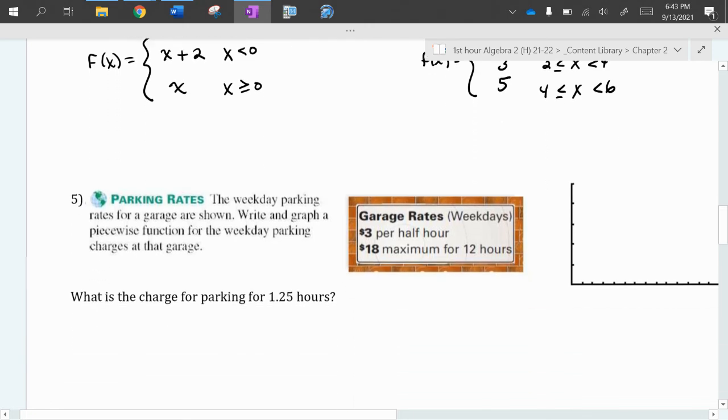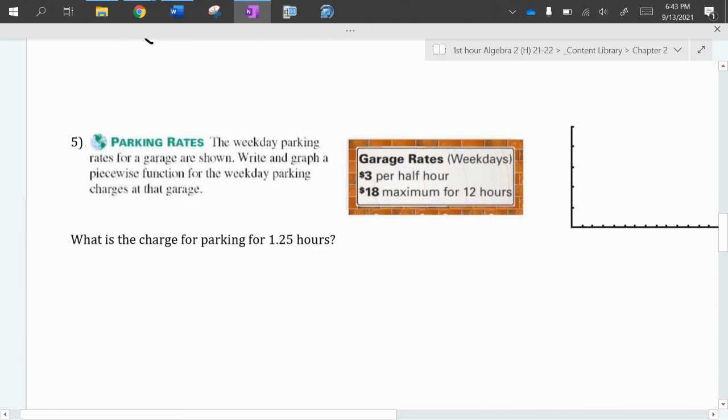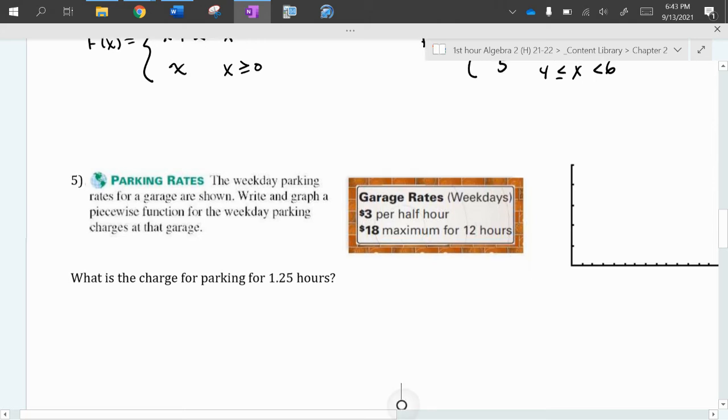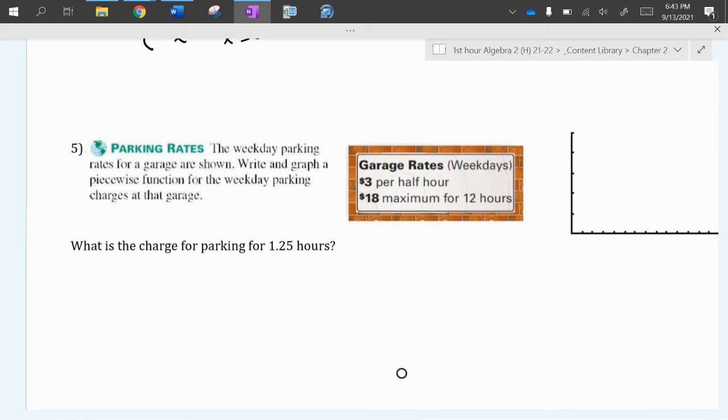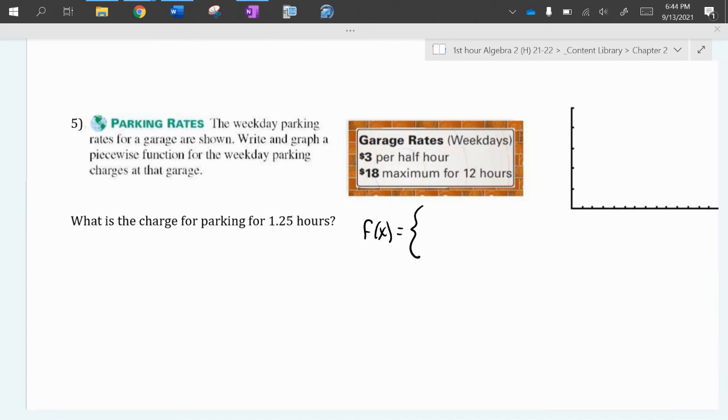And then lastly, we're going to look at a little application. The weekday parking rates for a garage are shown. Write and graph a piecewise function for the weekday parking charges at that garage. Okay, so we've got a function, and it is just for the weekdays. Actually, we're not going to do that.